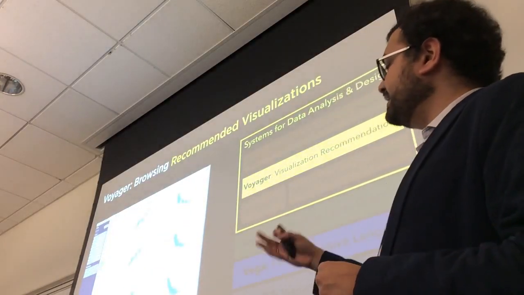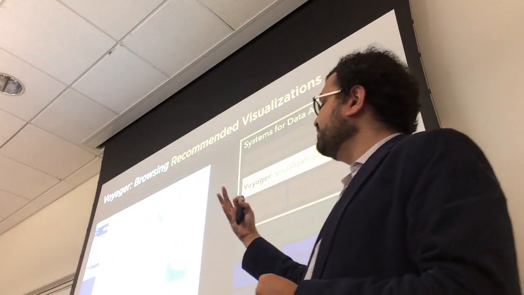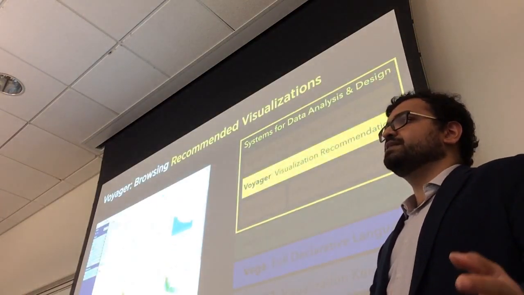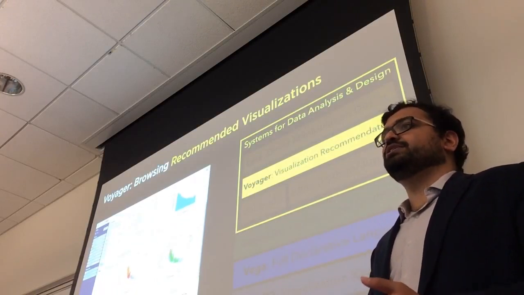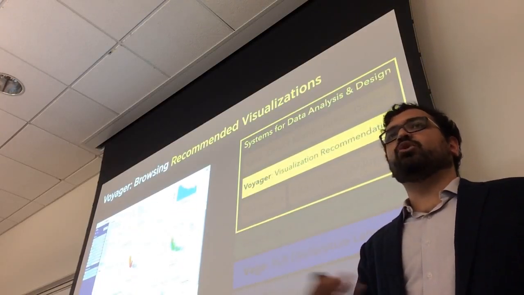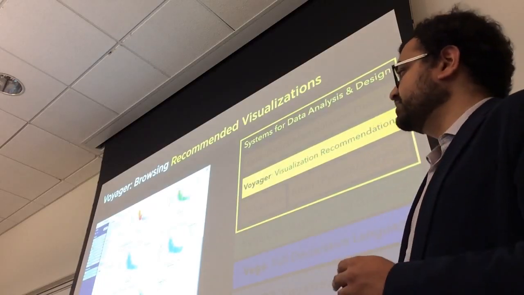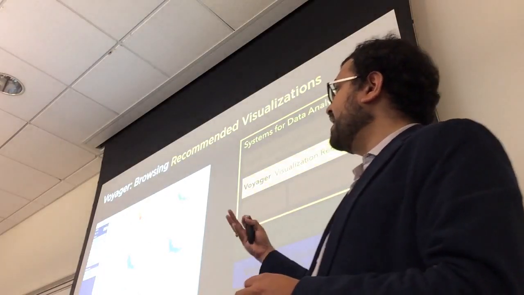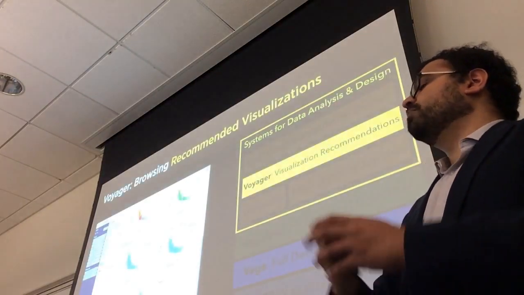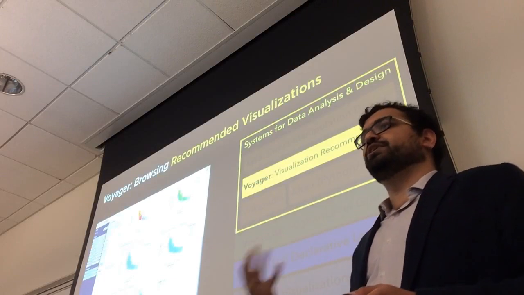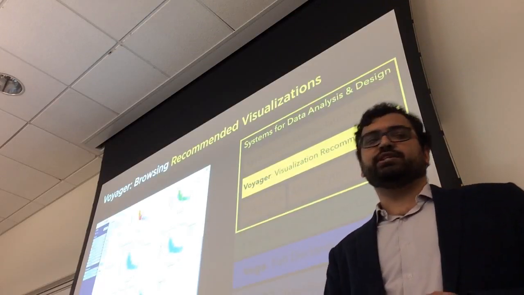So what's happening behind the scenes is analysts indicate fields of interest, and Voyager is enumerating that entire design space, pruning and clustering and ranking those designs to suggest the most appropriate visualizations for a particular subsection of the data set. And in studies, we found that this enables people to much more broadly explore their data set rather than fixating on particular visual designs and deep diving down particular hypotheses.